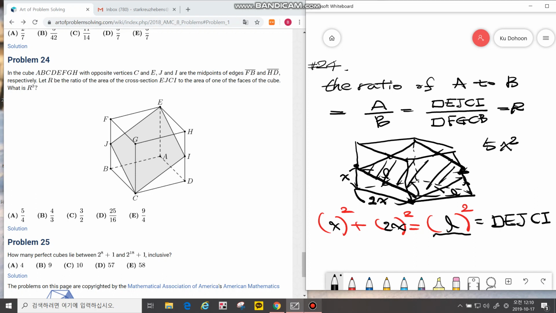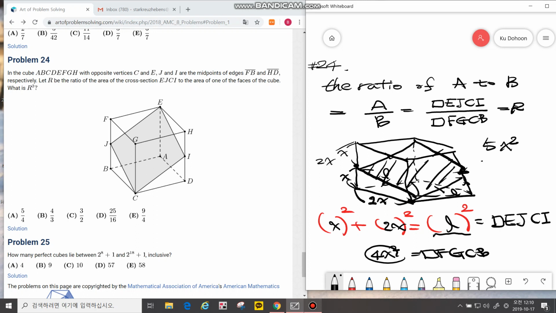Now, what is the area of just one of the sides? The area of one of the sides is 2x times 2x, therefore that is 4x squared, which is the area of FGCB. All the sides have the same area because we are dealing with a cube.